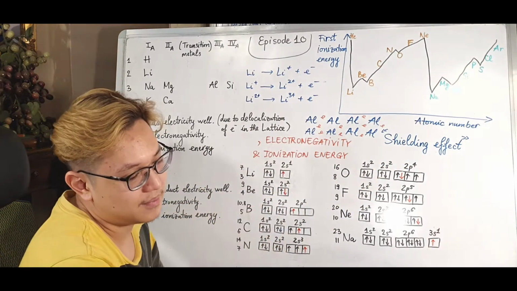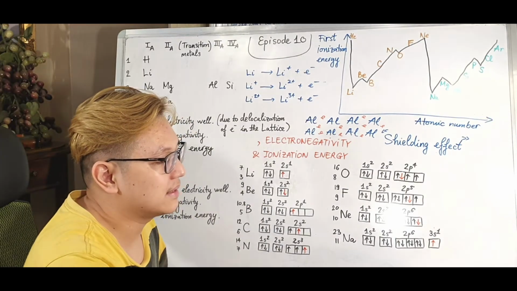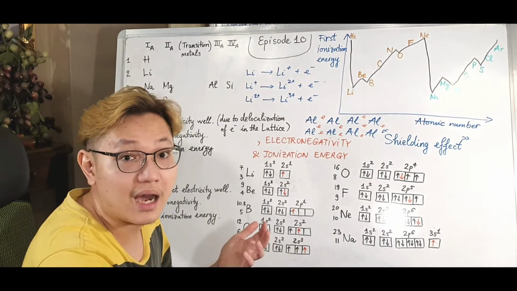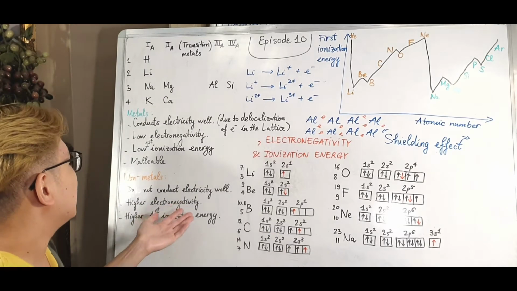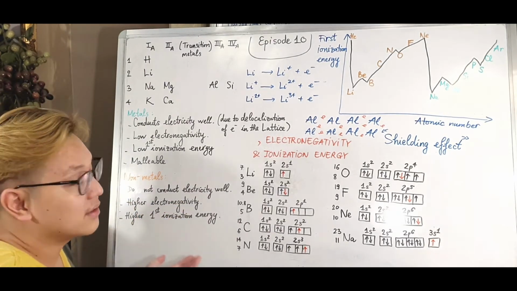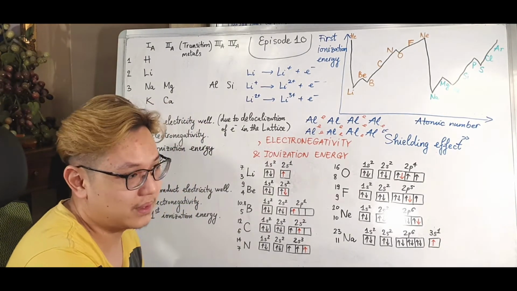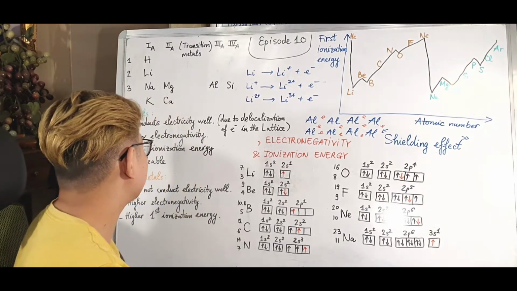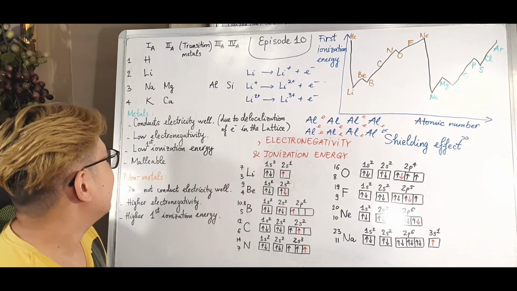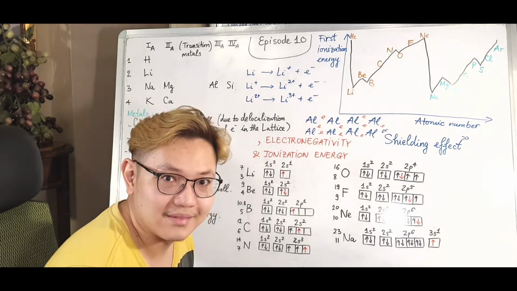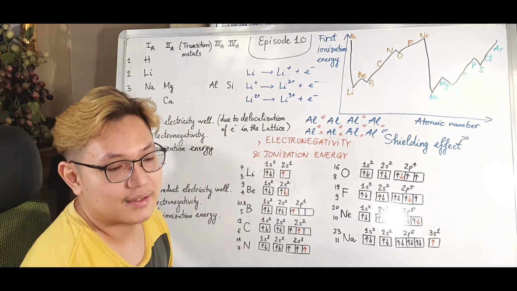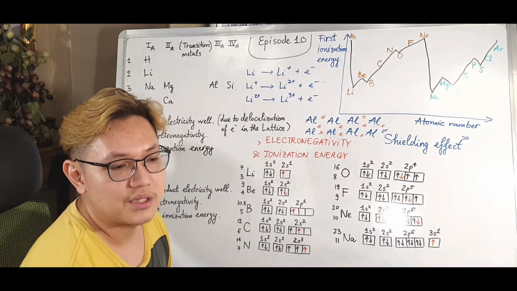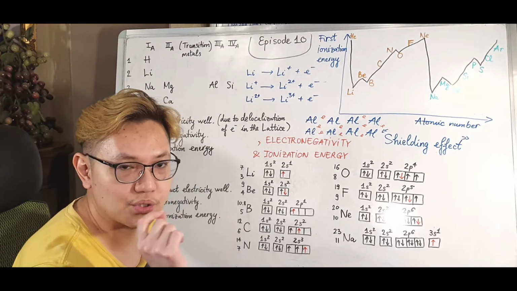So in my previous episode, I said that non-metals often have higher electronegativity. And now, they have higher first ionization energy as well compared to metals. Now, let's go into details. What is electronegativity? Again, it's the ability of an atom, a neutral atom, to attract electrons to it.